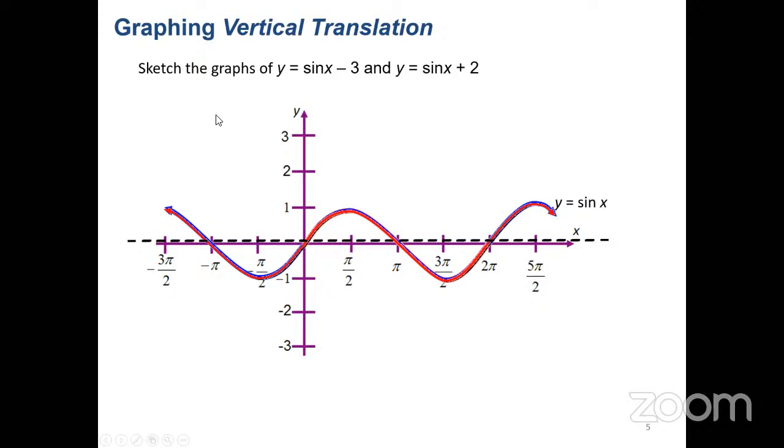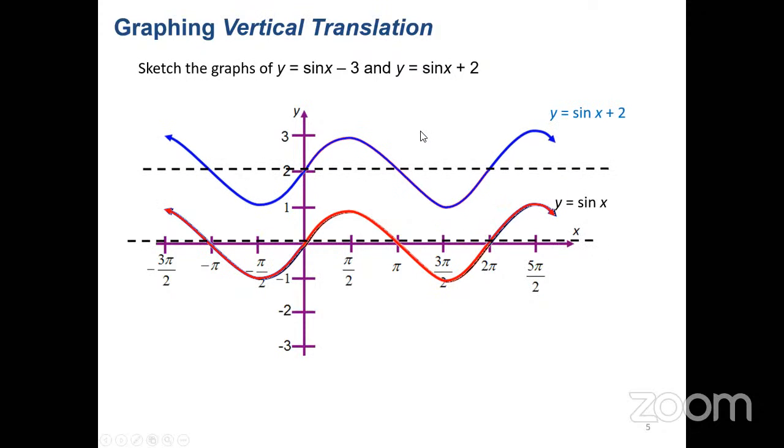So here's an example. You see this is the parent function, sine: intercept, max, intercept, min, max, and it repeats. The first one says sketch the graph y equals sine of x minus 3. I'm going to show you that. Of course, that one is not x minus 3, that's actually sine of x plus 2.